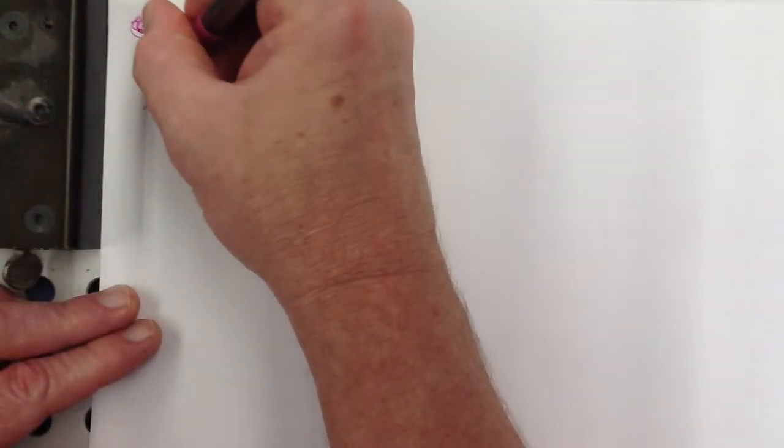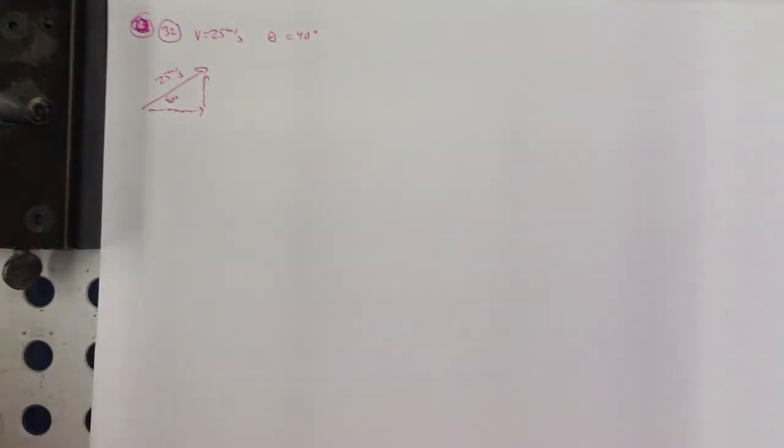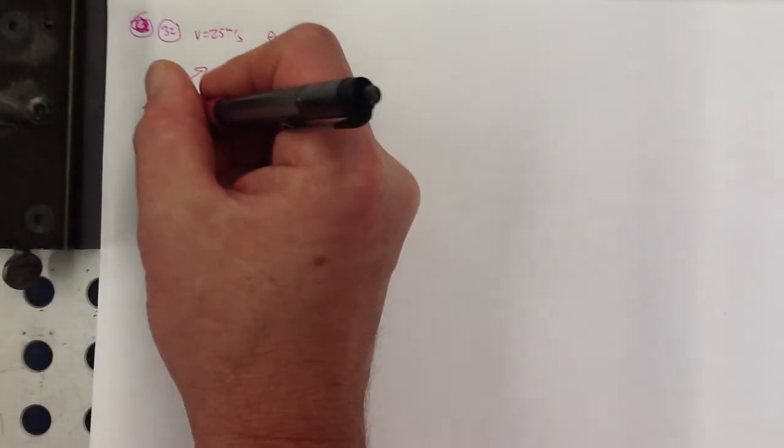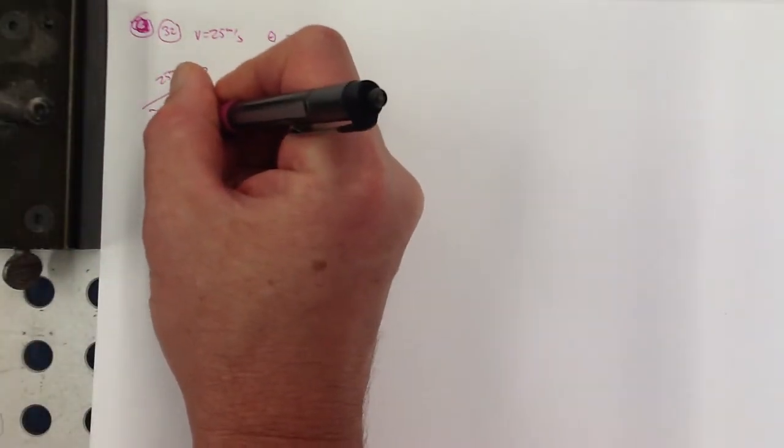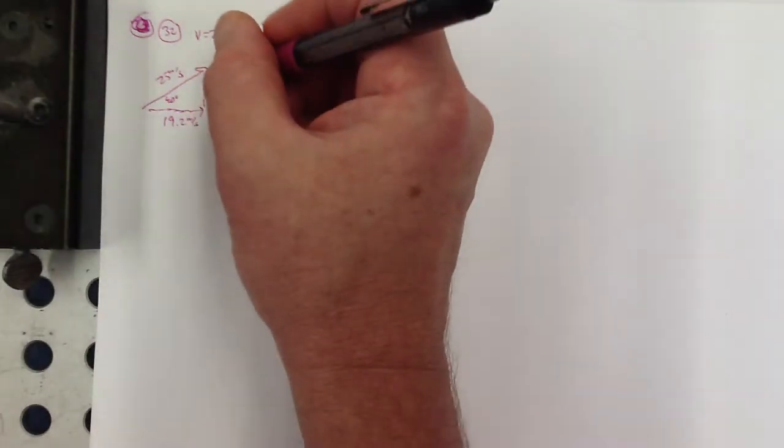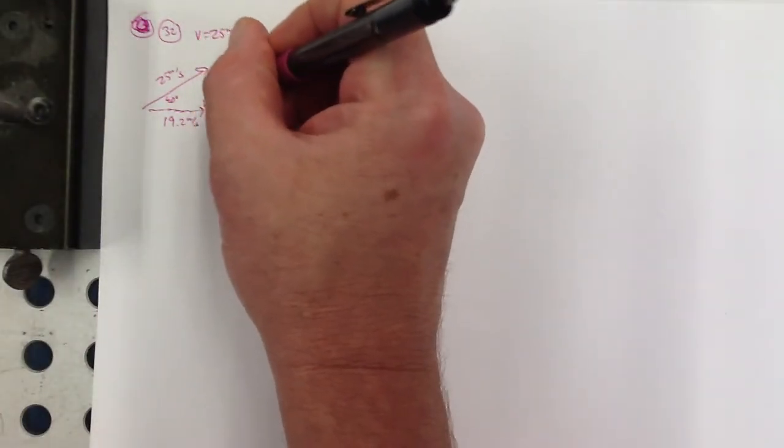That's 25 meters per second. So let's just crank these out here. It's 25 cosine 40, and 25 sine 40.